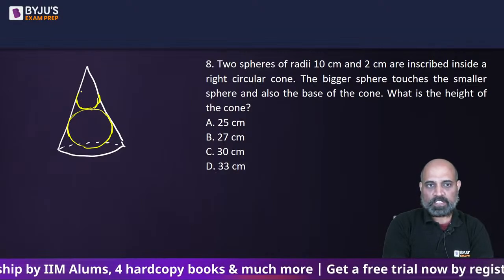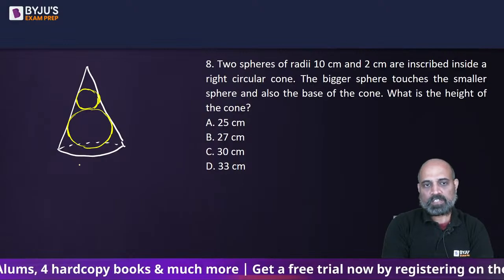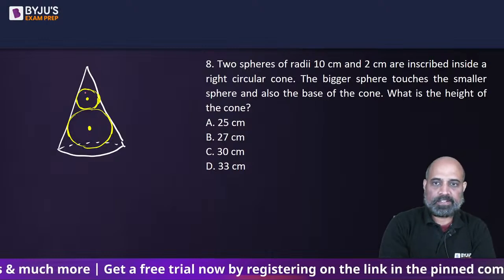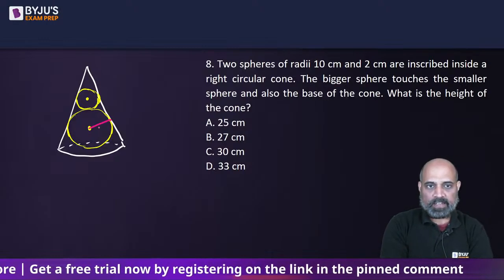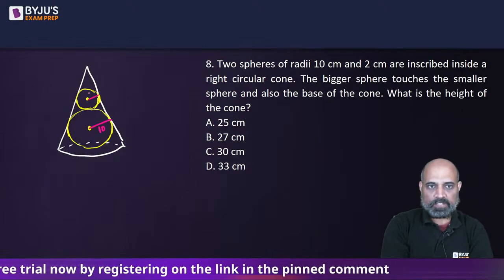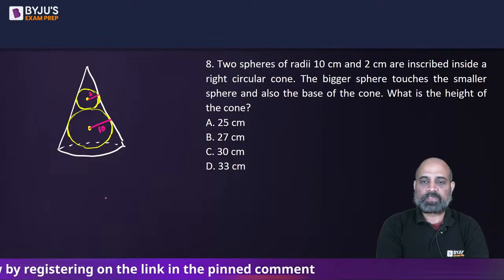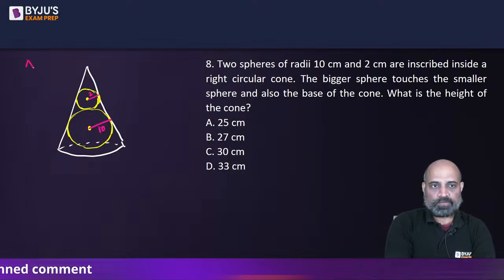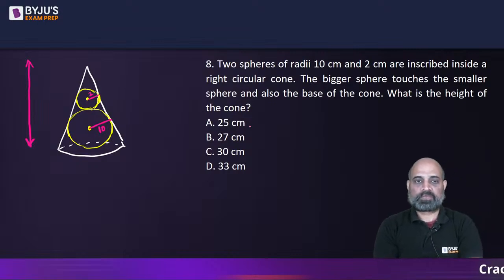The bigger sphere touches the smaller sphere as well. Okay, and now we are given that the radii is 10 for this and radii is 2 for this. We are asked to find the height of the cone.